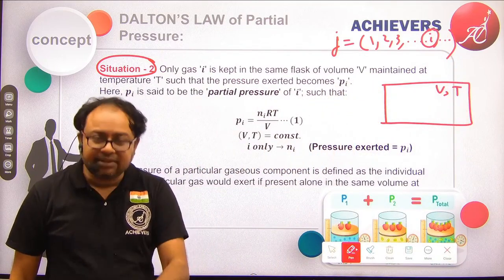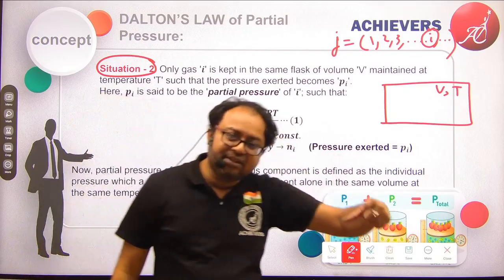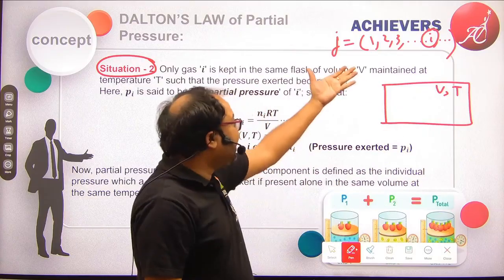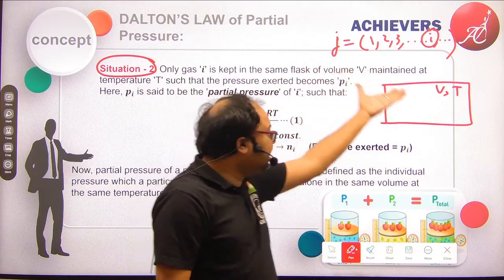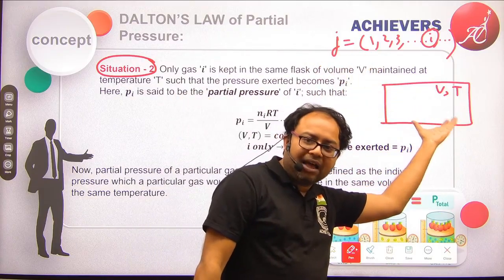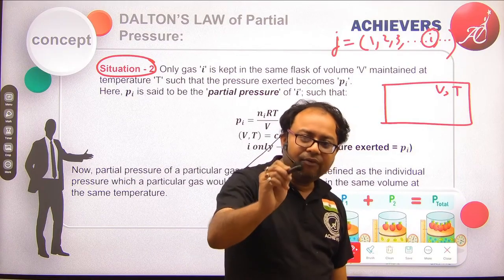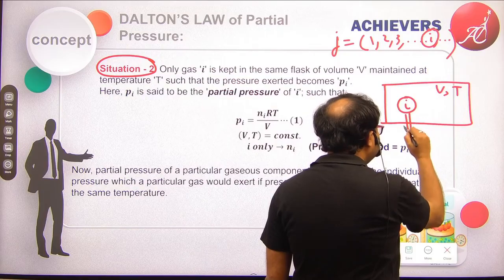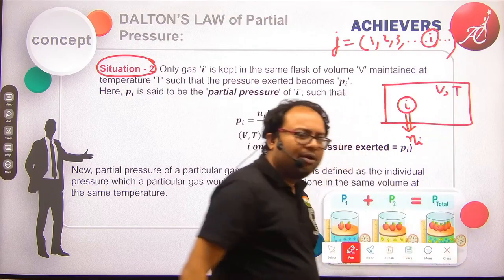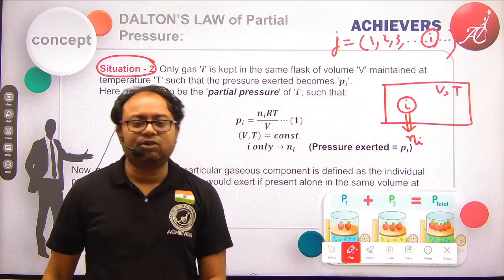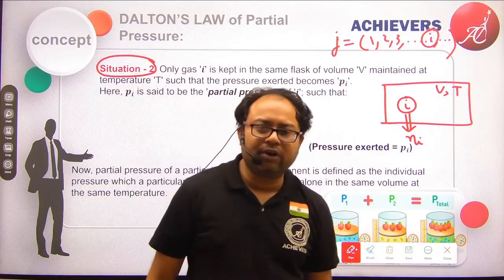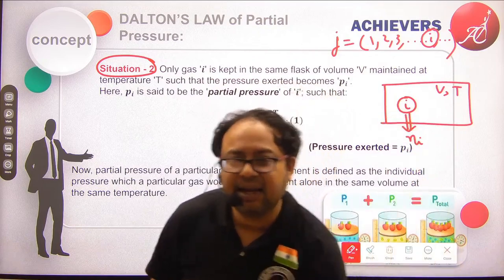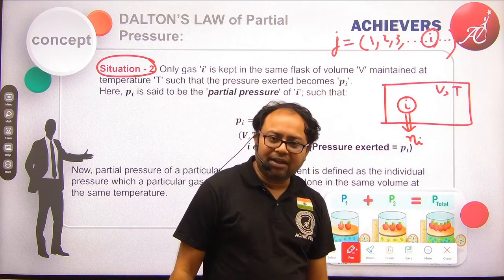Now the difference is, in situation 1, we have taken this entire set into this flask. But here we will just take I, whose number of moles is Ni. We have taken a single gas over here. I can be 1, 2, 3, anything.